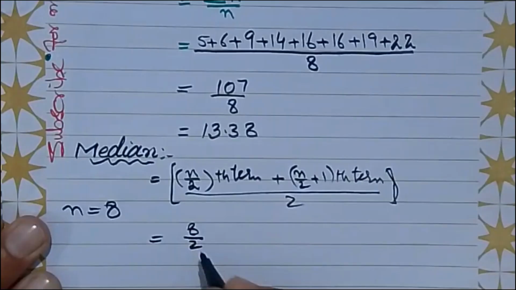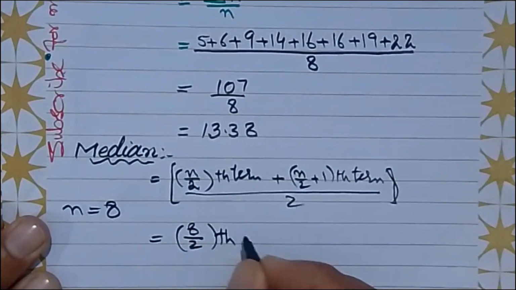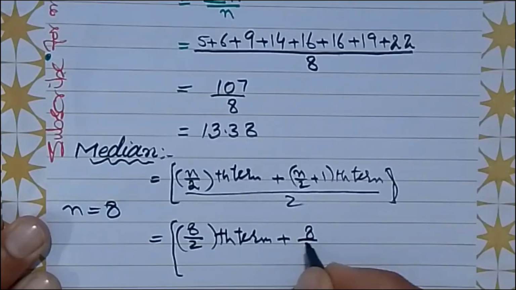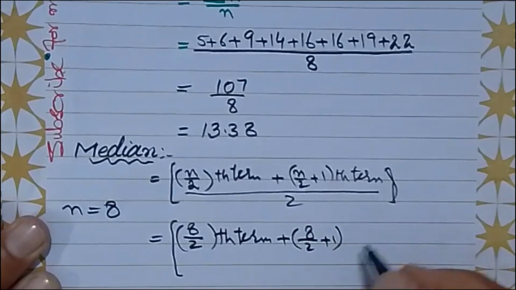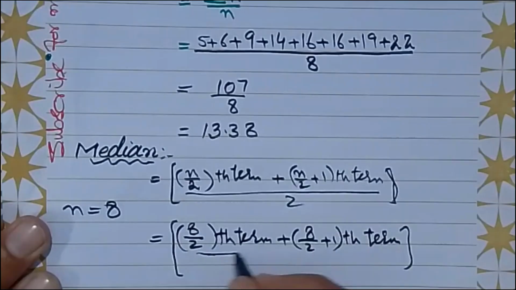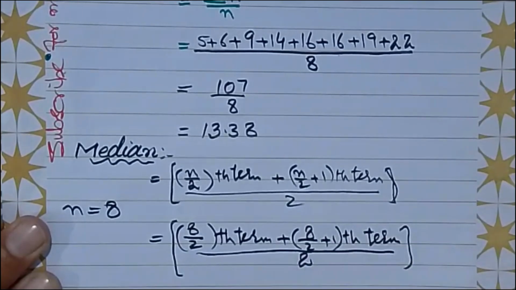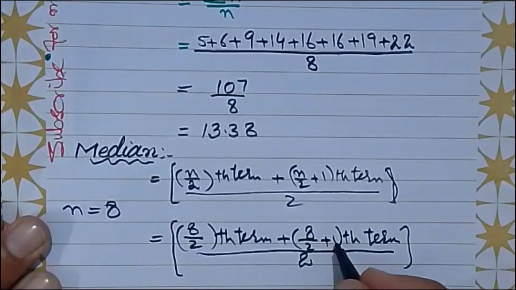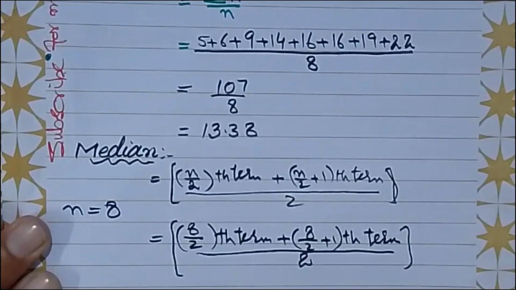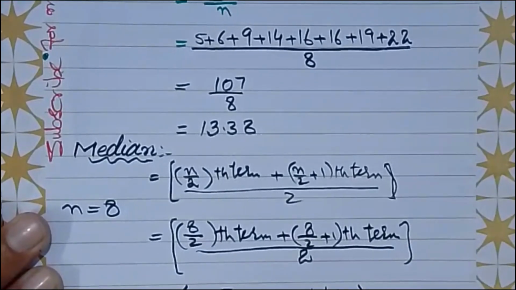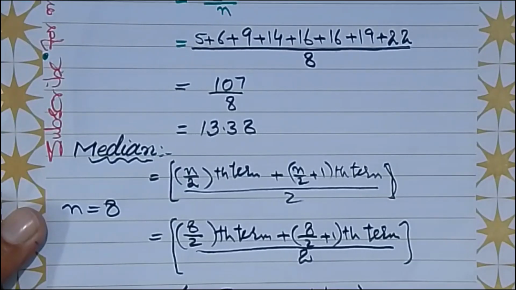So the 8 by 2 term plus the 8 by 2 plus 1 term over 2 is equal to the fourth term plus the fifth term divided by 2.